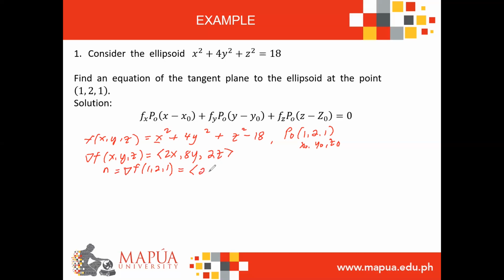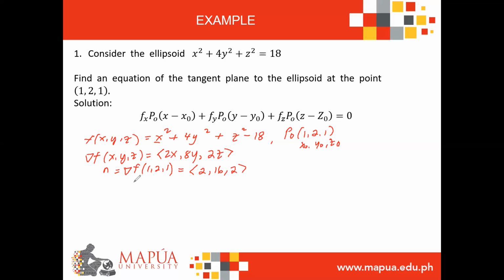So we have here 2, then 8 times y equals 2, so 8 times 2 is 16. Then 2 times 1 is 2. So we have this as the normal vector, which is parallel to the gradient f, and it is perpendicular to the plane.